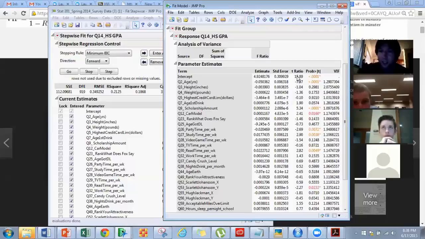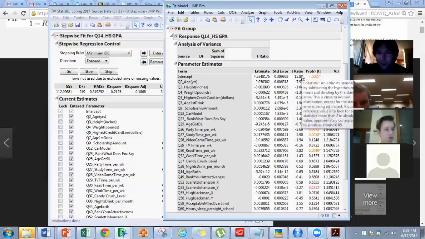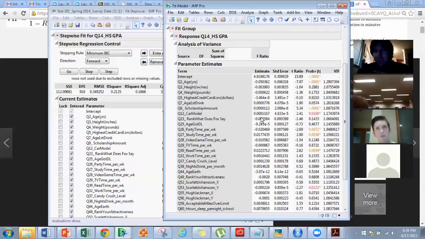T ratio, a standardized test statistic, close to a normal distribution. Oh, it even says it's close to the normal distribution. I love you, JMP. No wonder I learned from JMP. So lots of good stuff in here and lots of output. This is the output I see every day, so I'm used to JMP output, and I've been working with R more.